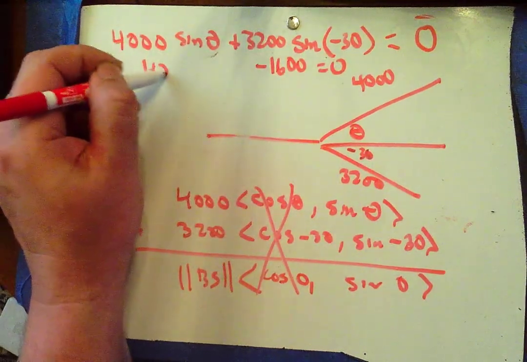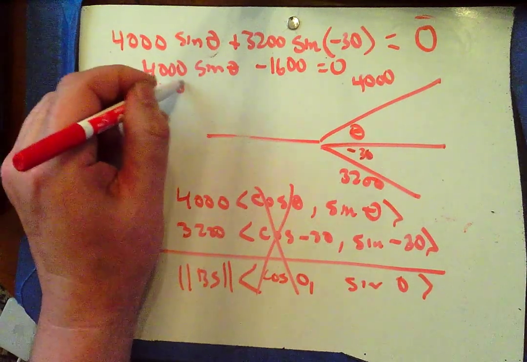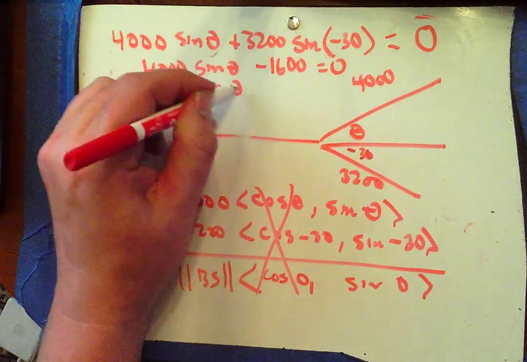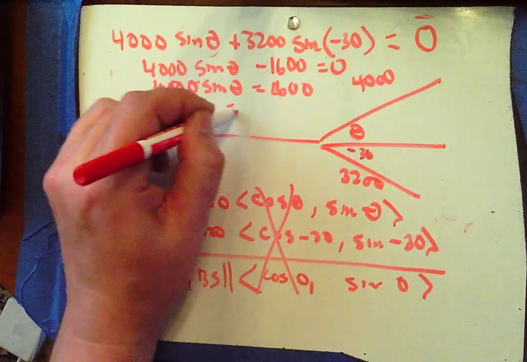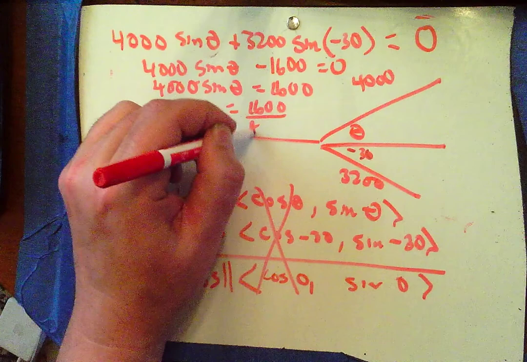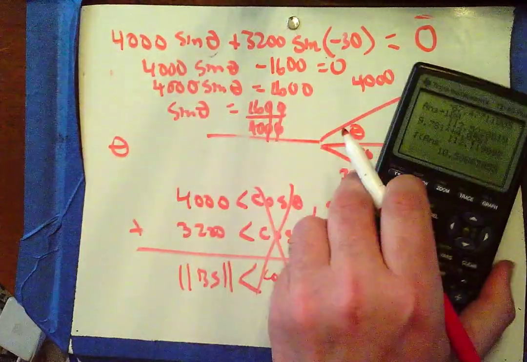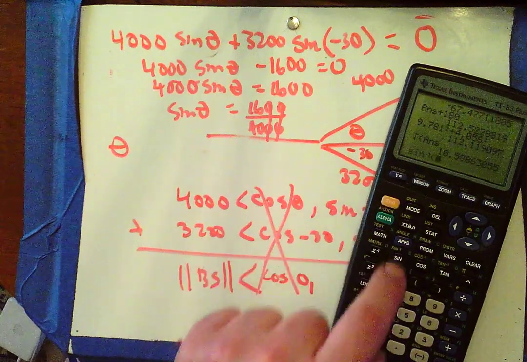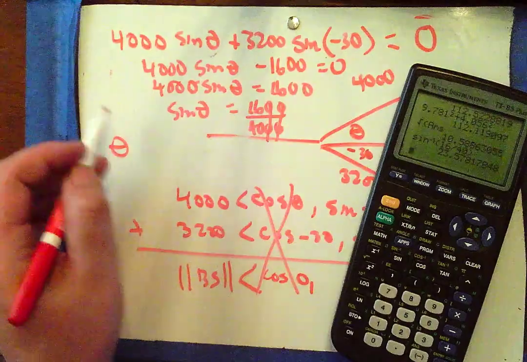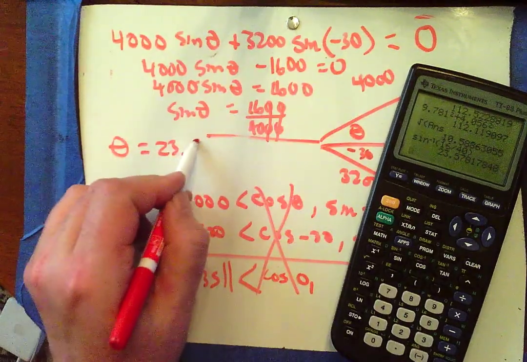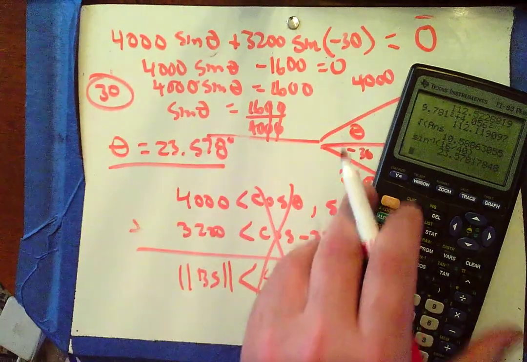And then here we have 4,000 sine theta. So 4,000 sine theta equals 1,600, or sine theta equals 1,600 over 4,000. And if I do the inverse sine of 16 divided by 40, I end up with theta being 23.578 degrees. And we're all done with problem number 30.